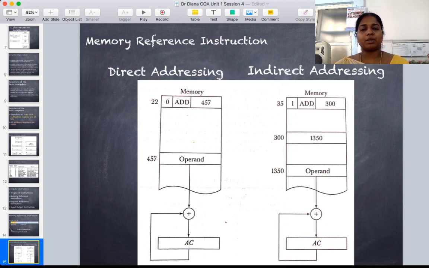In direct addressing mode, the address value given in the instruction specifies the location in memory where the operand can be found. Whereas in indirect addressing mode, the address given in the instruction links to a location in memory where the exact location of the data can be found. So you can see the difference in these images.